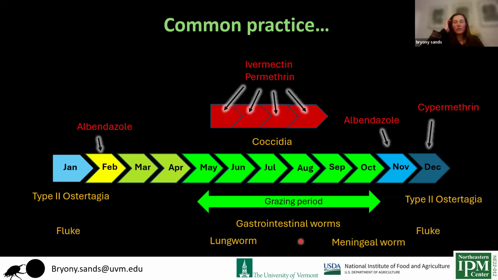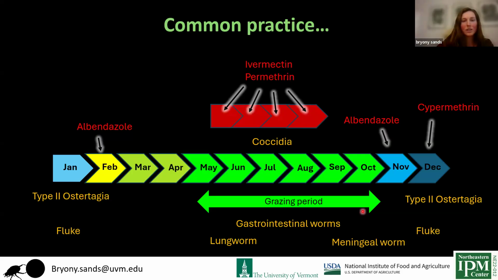Okay, so back to the IPM techniques. This slide is just showing you what common practice might look like that is not based on IPM management. So this is based on calendar treatments throughout the year.